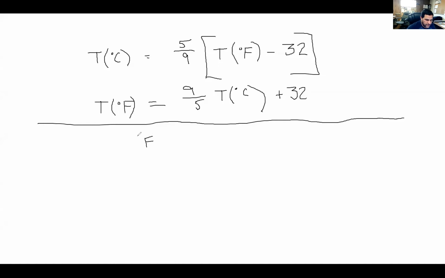So if we're given degrees Fahrenheit, and we want to go to degrees Celsius, I'm going to use this equation. So it's going to be 5/9 times 98.6 degrees Fahrenheit minus 32 degrees.